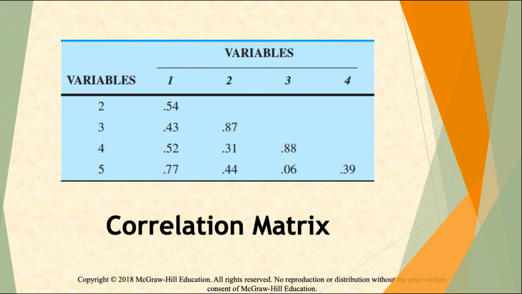You omit the correlations above the diagonal because they simply duplicate the correlations already given below the diagonal. For example, the correlation of variable 5 with variable 3 below the diagonal is the same as the correlation of 3 and 5 that would appear above the diagonal.